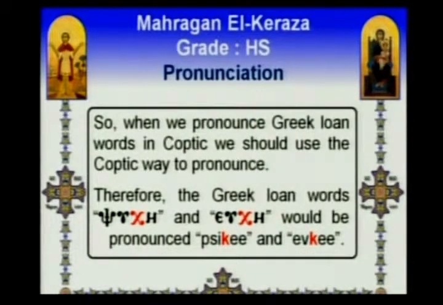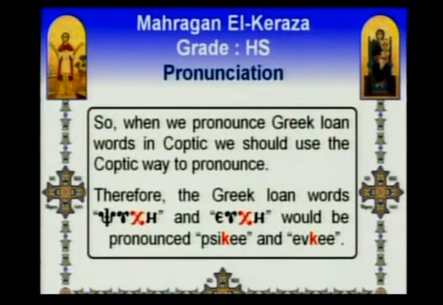You cannot go to an English person and tell him, when you say deacon, this is wrong pronunciation, you should pronounce it like the original Greek diakon, because it is a loan word, and now it's considered as if it is an English word. They apply the English rules of pronunciation and they say it deacon. The same thing should apply to our loan words that we took from the Greek.